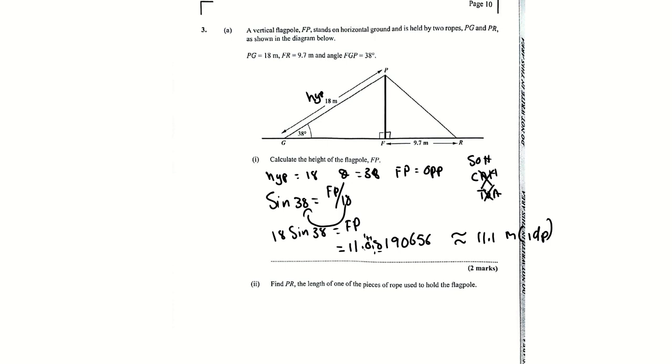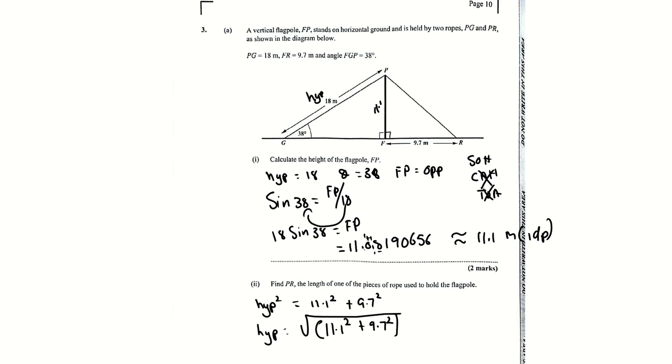Good. Part 2 now. I know this is 11.1. And I want to find my hypotenuse. So hypotenuse squared is equal to 11.1 squared plus 9.7 squared. So my hypotenuse would be the square root of open bracket 11.1 squared plus 9.7 squared. Exactly how I wrote this down is what you're going to put in the calculator.